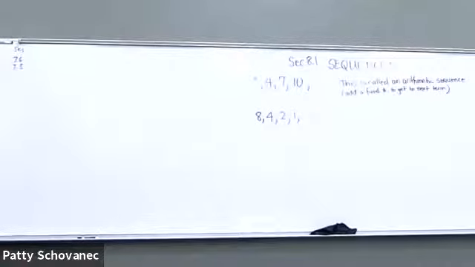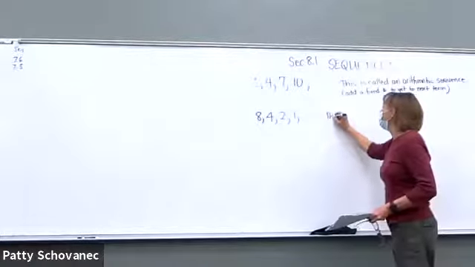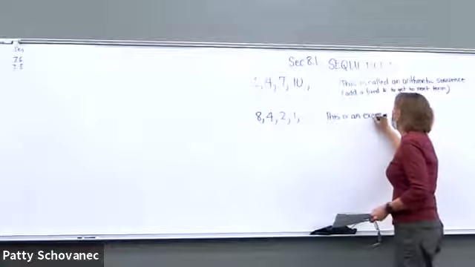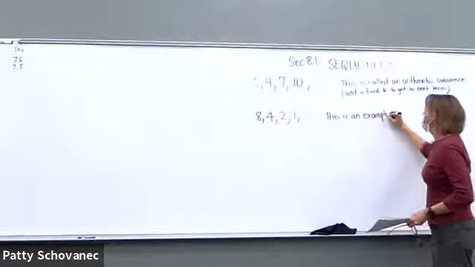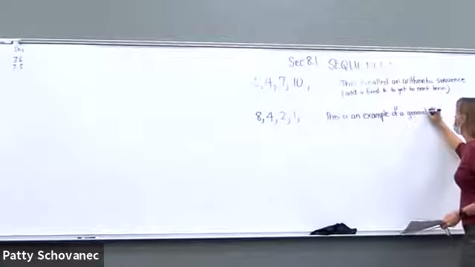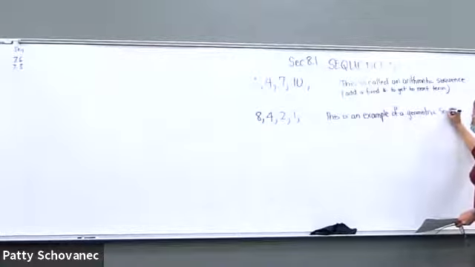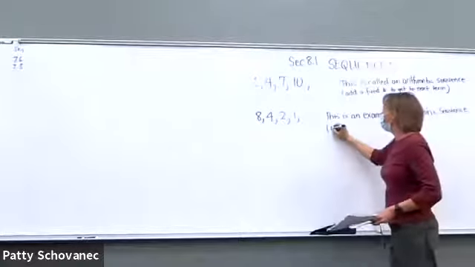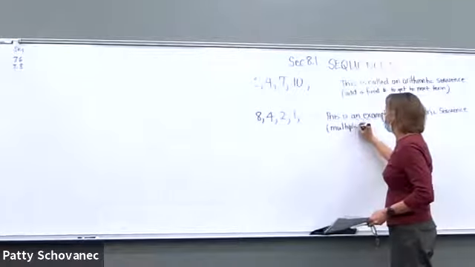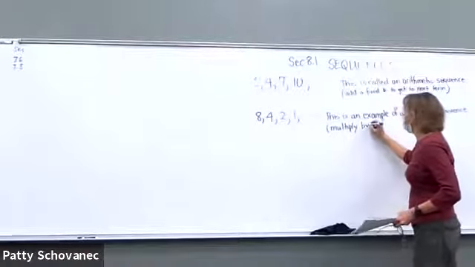This is an example of a geometric sequence. Multiply by a fixed number. Here we're multiplying by a half to get to the next term.